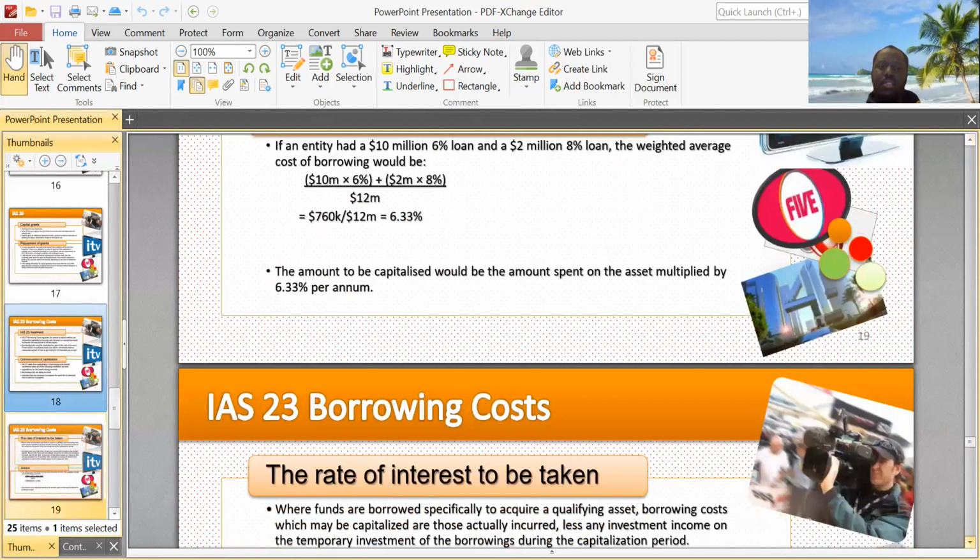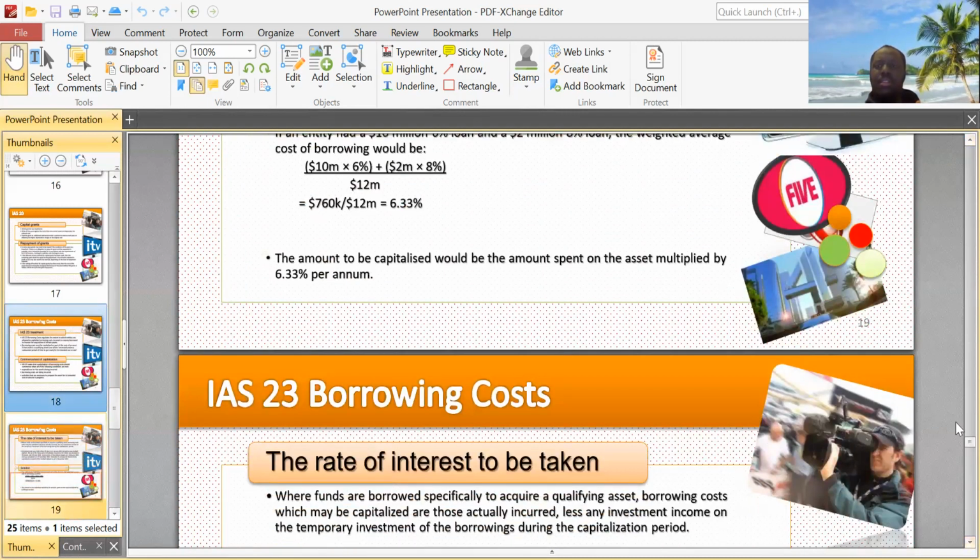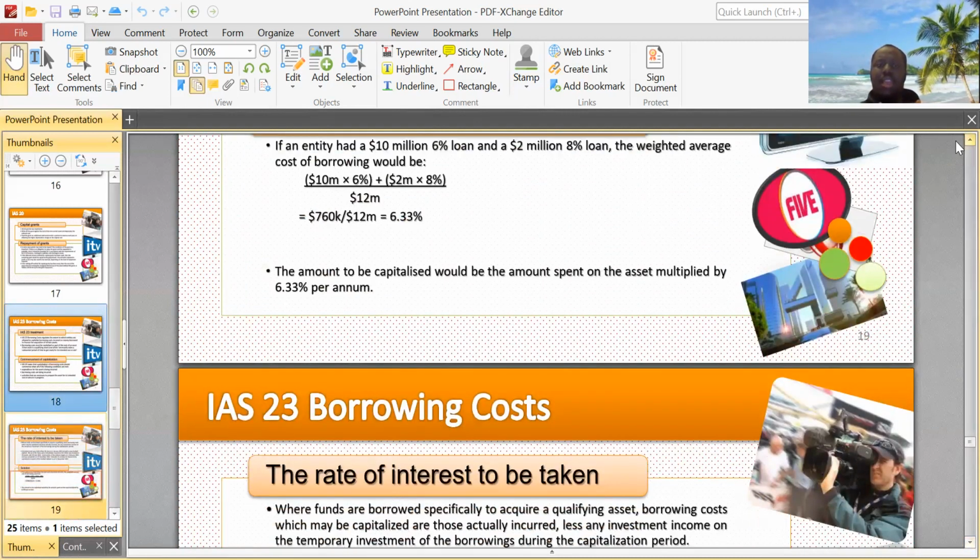Now let's look at something here. If an entity had a 10 million 6% loan and a 2 million 8% loan, then we will need to calculate the weighted average cost of borrowing. The weighted average cost of borrowing in this case will be 10 million times your 6% plus 2 million times your 8%, all over the total loan, which is 10 plus 2, which is 12 million.